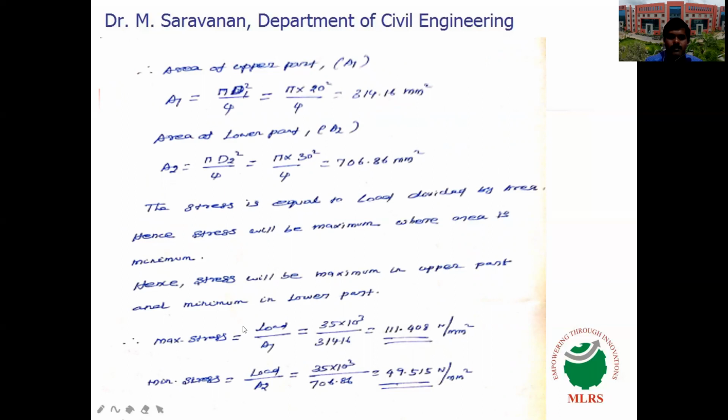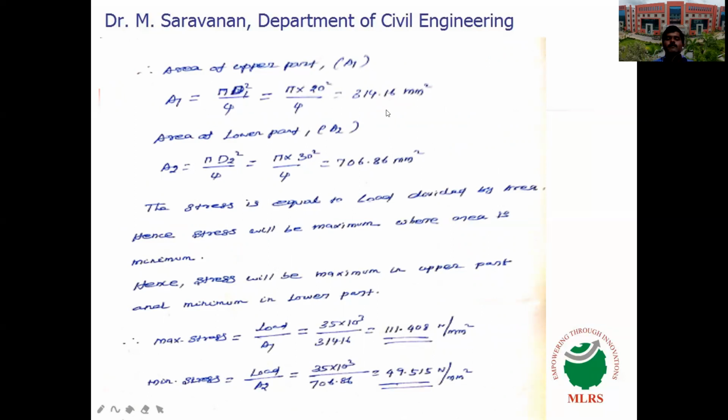So stress is equal to load by area. If the area is minimum, the stress will be maximum. If the area is maximum, the stress will be minimum, right? So here the area of the upper part is pi d1 square by 4, therefore pi into 20 square by 4.